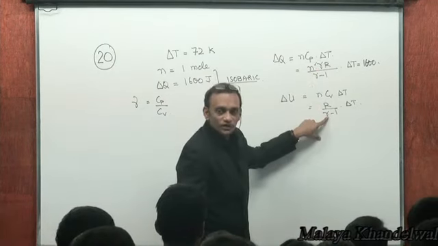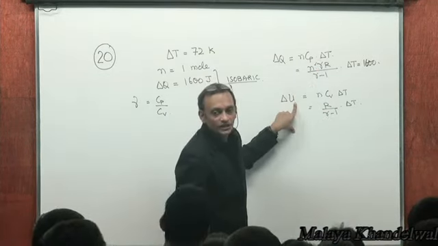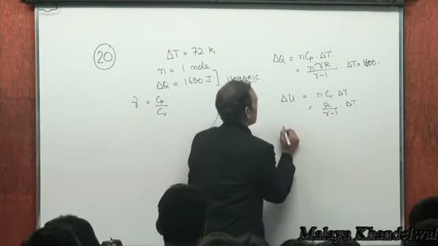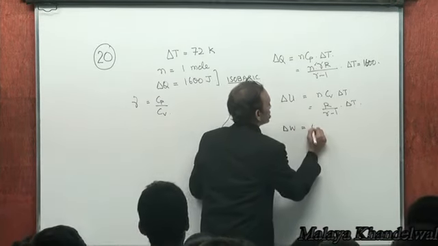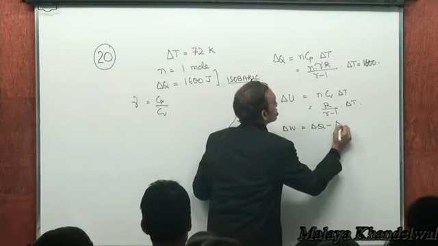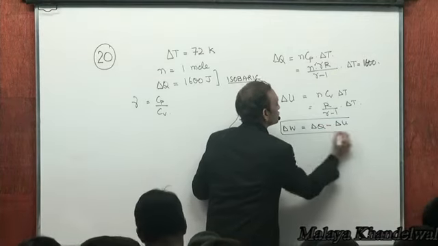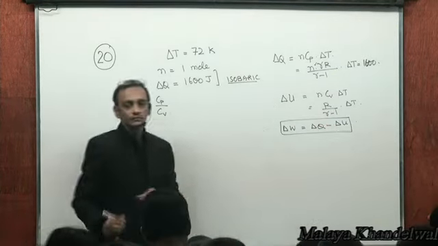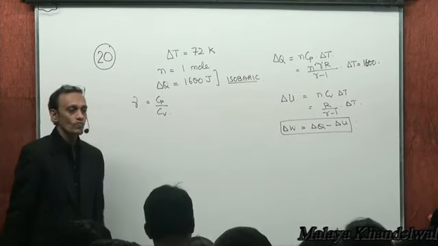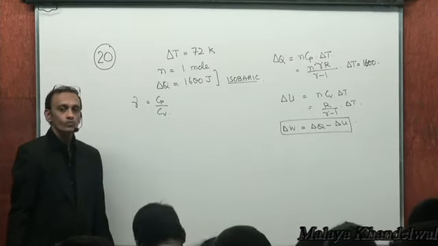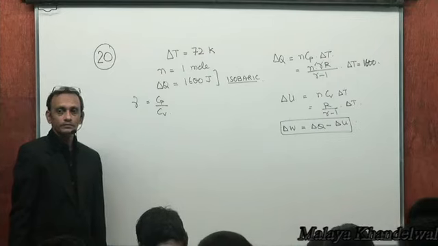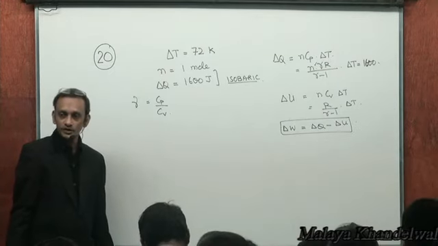Plug in the value of gamma here and you get the change in internal energy. And then the work done would obviously be delta Q minus delta U. That's going to give you the work done. Simple calculations, really.